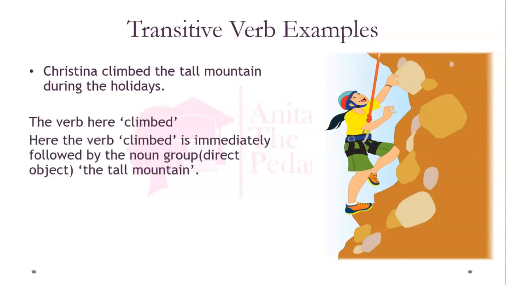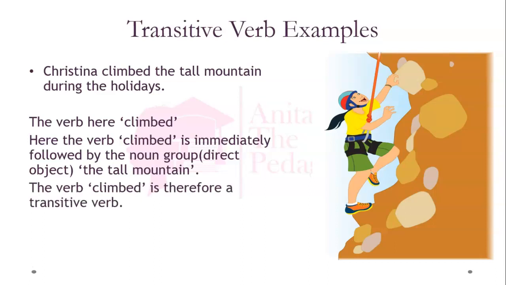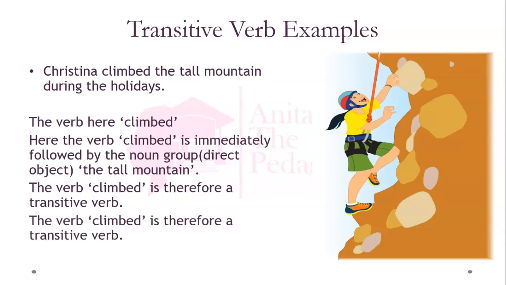So, our verb here is climbed, and the verb climbed is immediately followed by the noun group or the direct object, mountain, that is the tall mountain. And so, the verb climbed is a transitive verb. So our verb here is therefore a transitive verb.